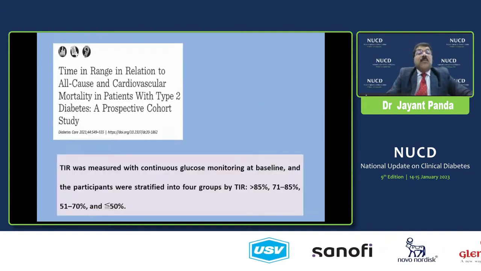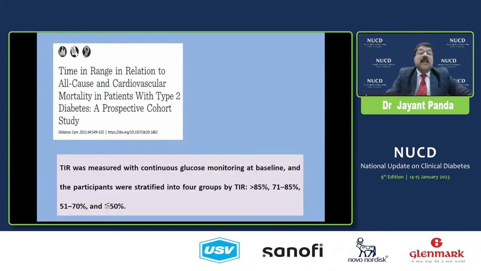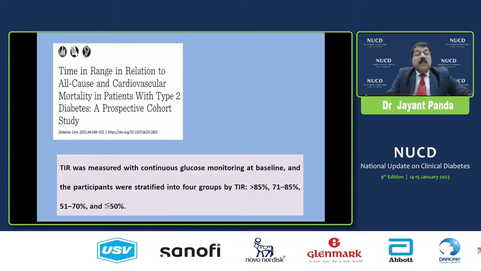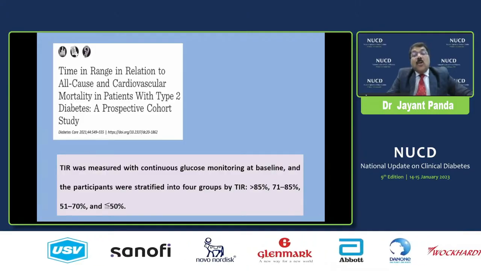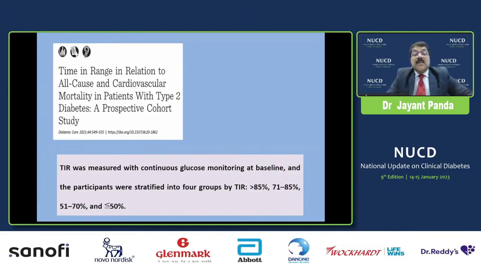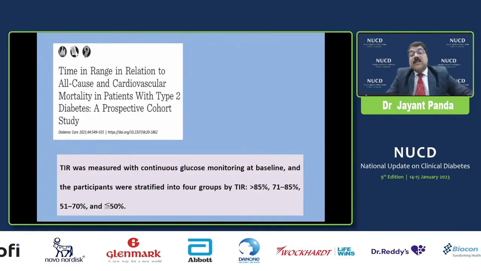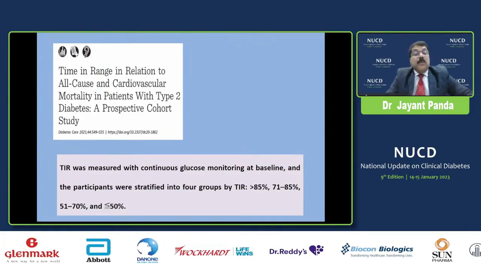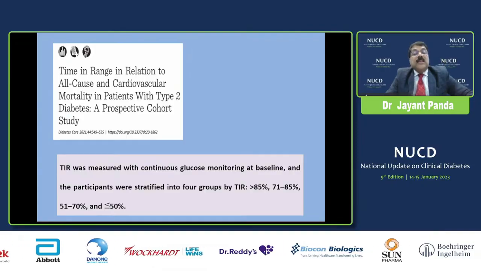So this is the relation of all-cause and cardiovascular mortality in patients with type 2 diabetes, a prospective cohort study. Here the TIR was measured with continuous glucose monitoring at baseline, and the participants were stratified into 4 groups: more than 85%, 71 to 85%, 51 to 70%, and less than 50%.